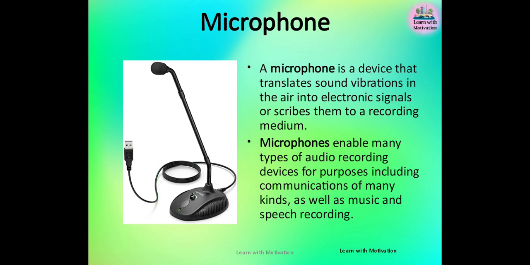Microphone. A microphone is a device that translates sound vibrations in the air into electronic signals and transcribes them to a recording medium. Microphones enable many audio recording devices for many purposes, including communication of many kinds as well as music and speech recording.